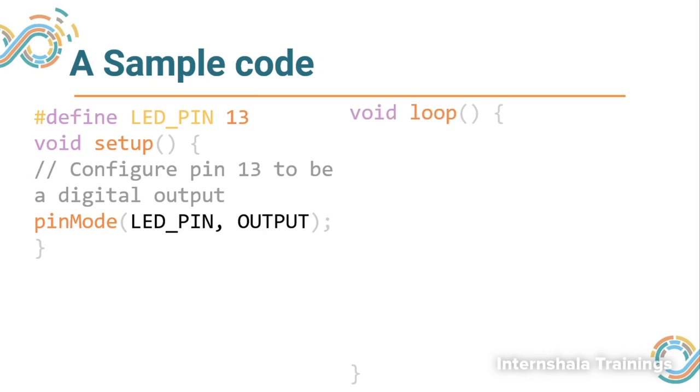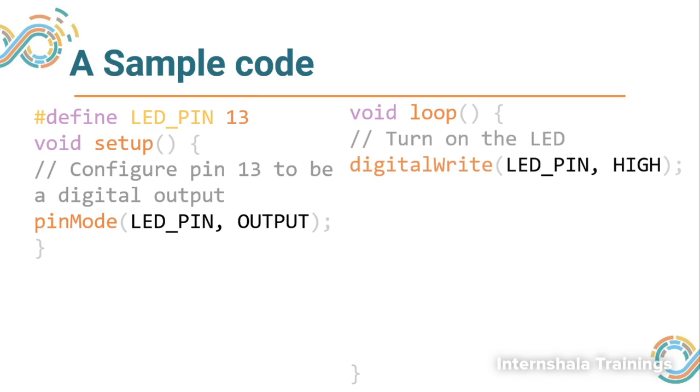So it is again a void function, void loop, opening and closing brackets, and then curly brackets. So what do we do in this loop function? First of all, I say turn on the LED. That means I am using an inbuilt function called digitalWrite. Again, we will discuss this function in detail in a future video.